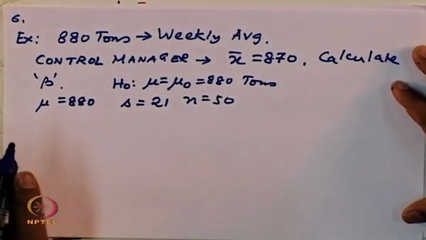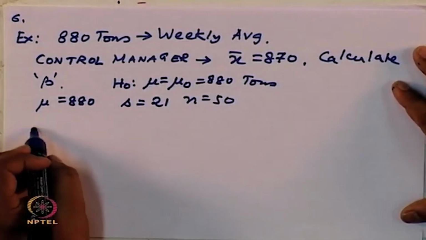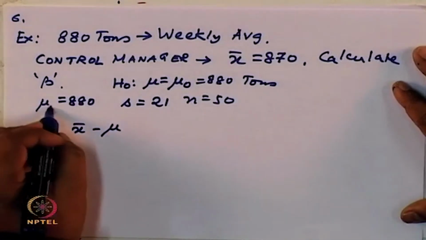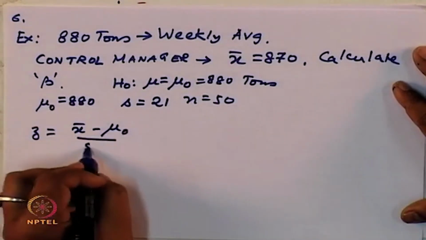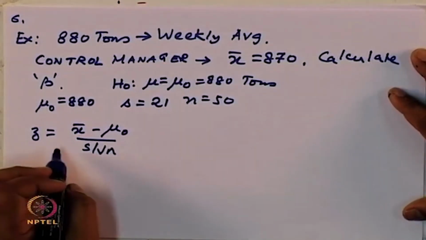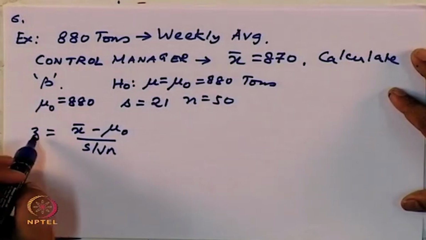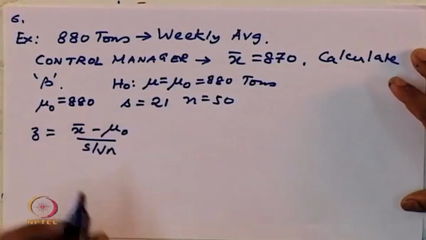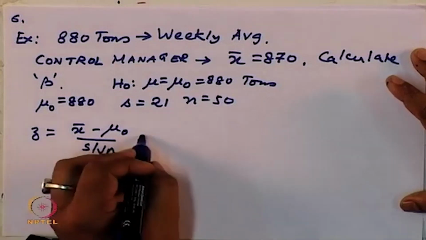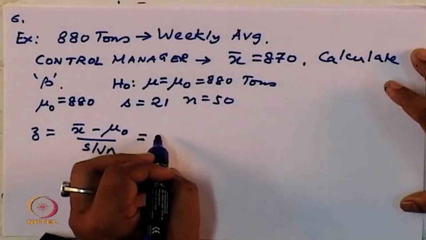So, we calculate Z equal to x bar minus mu naught by S by root n. If you were to reject your H naught, this Z you can calculate.